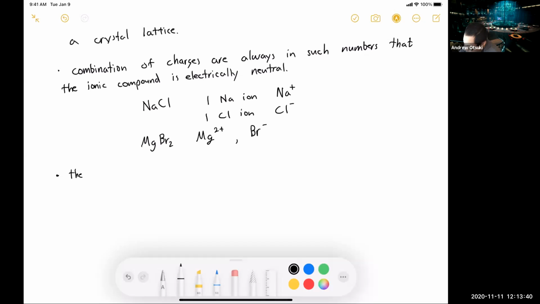So next, the bonds in an ionic crystal are very strong, as we have pointed out.